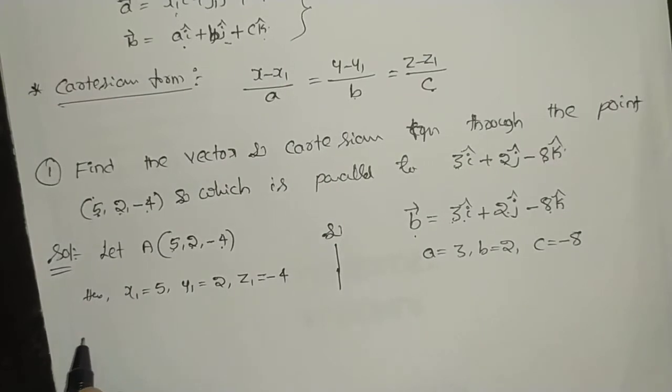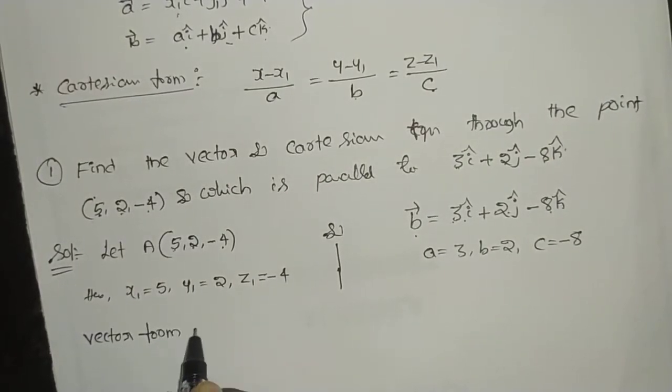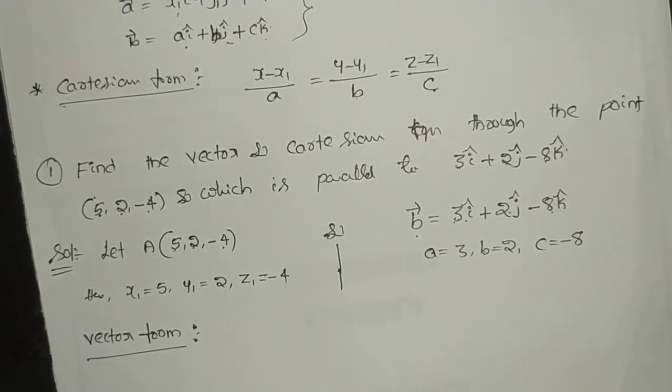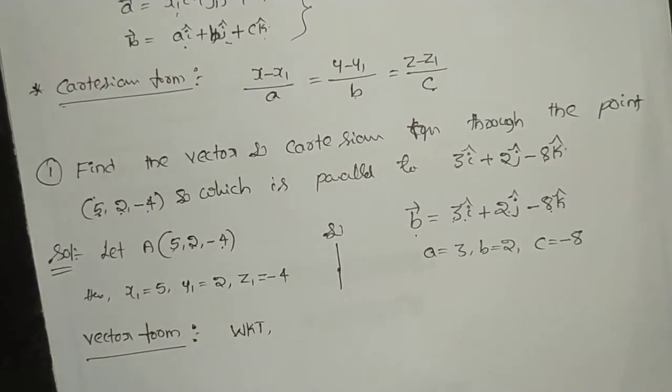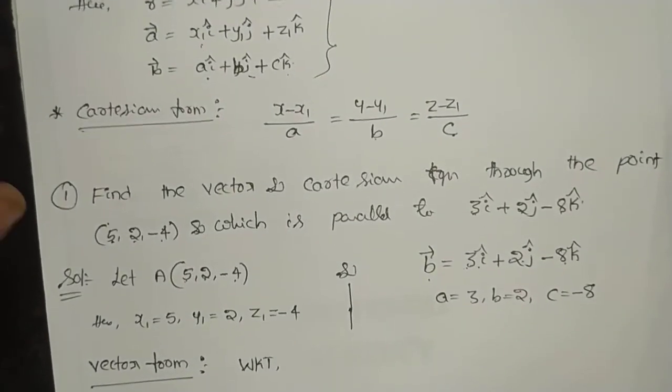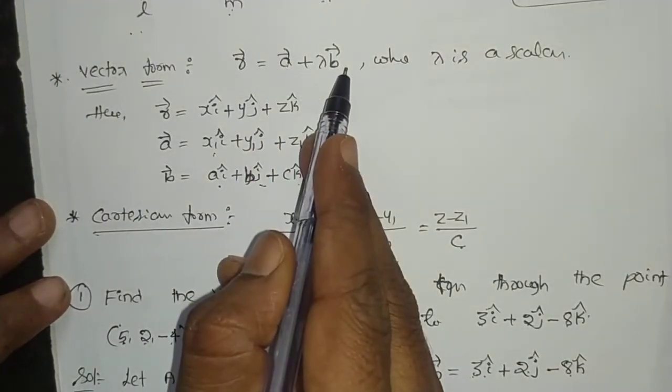Now let us find the vector form. We know from the note point that the vector form is r vector equals a vector plus lambda b vector.